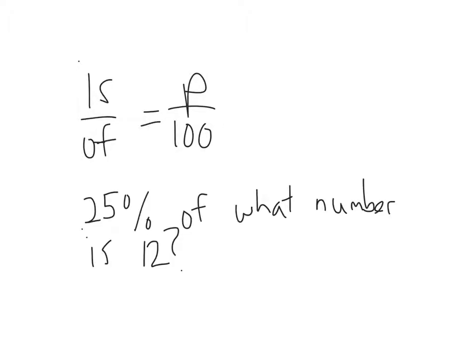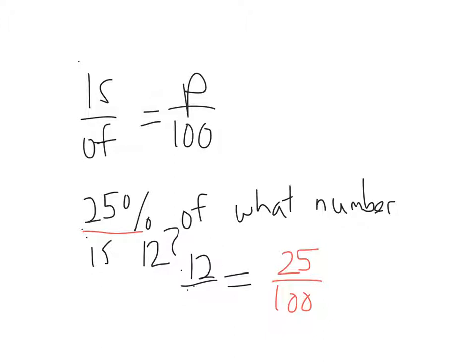So now I have a new problem, and this is a new type of problem, but the clues are still all there. 25% of what number is 12? Since that has a percent sign, it goes over here over the 100 part. And then it says, of what number is 12? So 12 goes up here.